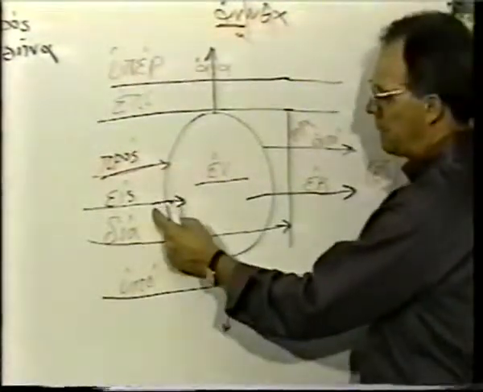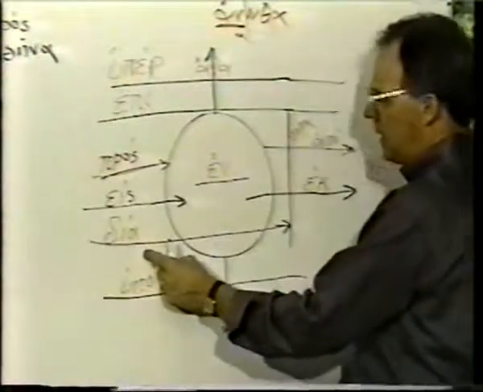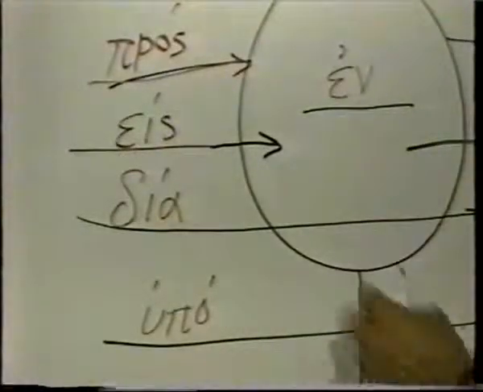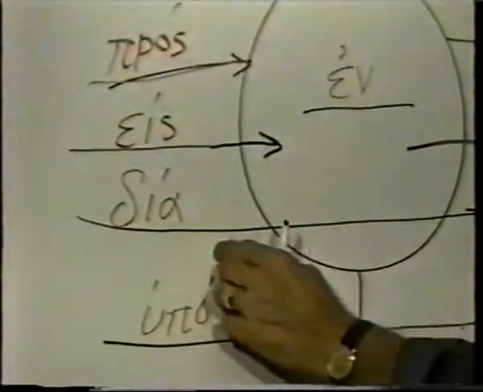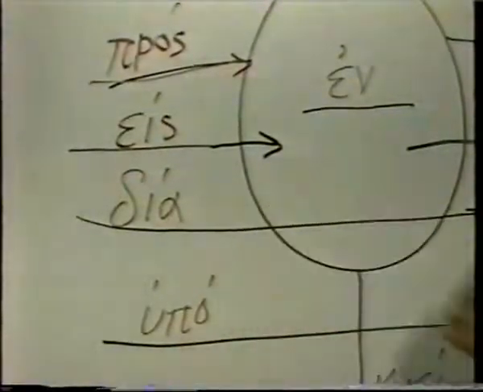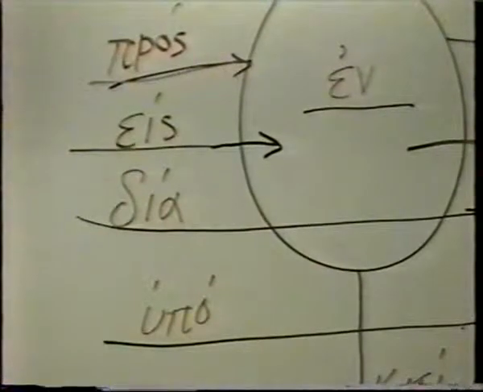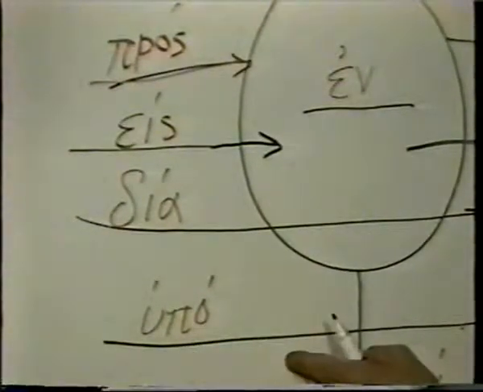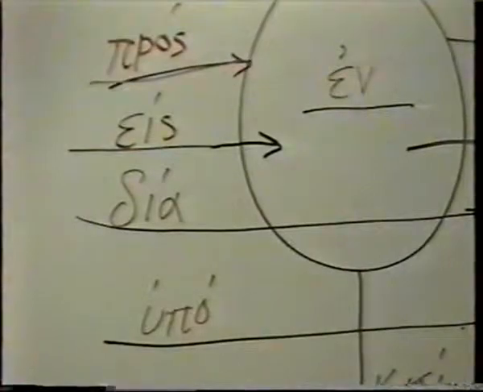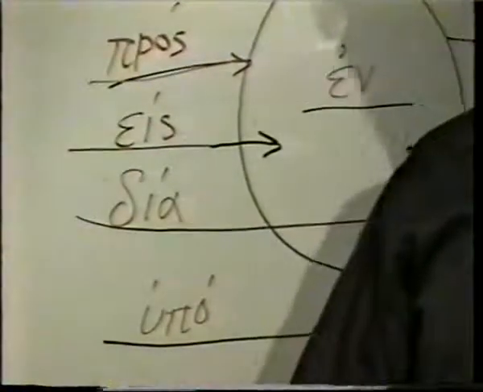So eis. We have dia. It is by. And in this instance, we can see that the line simply goes straight across as if it circumvents it, if you will. He goes by it. Here we have hypo. Hypo is under. There is an interesting word in the Greek called patience.